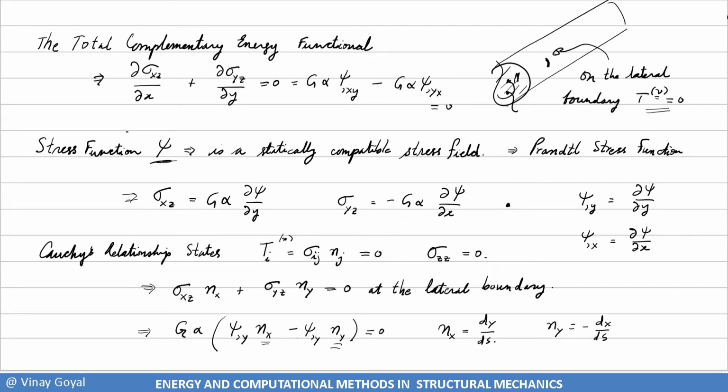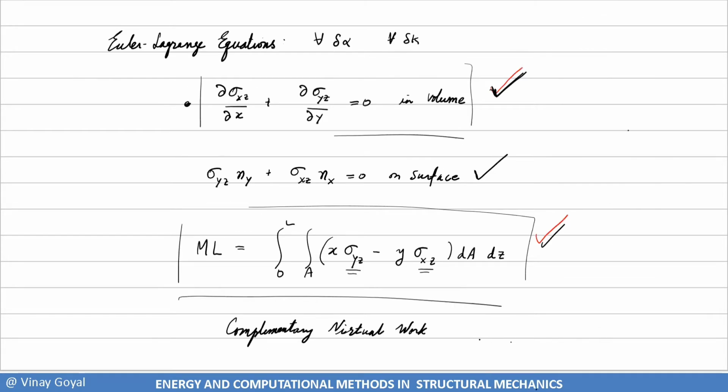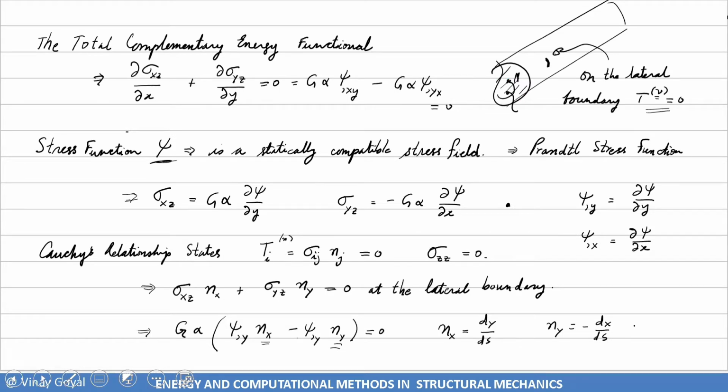Typically, when we solve the problem, we approximate the Euler Lagrange equation and the natural boundary condition. This is a natural boundary condition. And in reality, when you go to the total complementary energy, now we're satisfying those exactly.